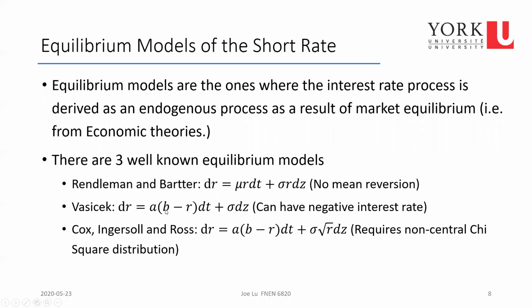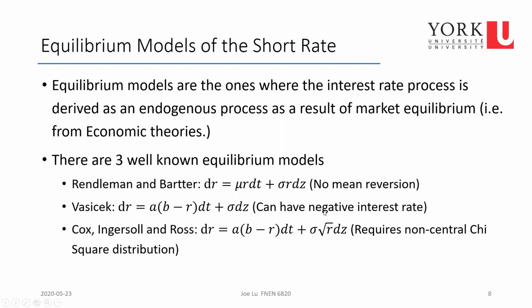So if the long-term interest rate is lower than the current rate, then this first part will be negative, and then the current interest rate will go lower to chase after this long-term rate. And this A here is what we call the mean reversion speed. It determines, if there's a difference between the two, how fast the interest rate will move to catch up.